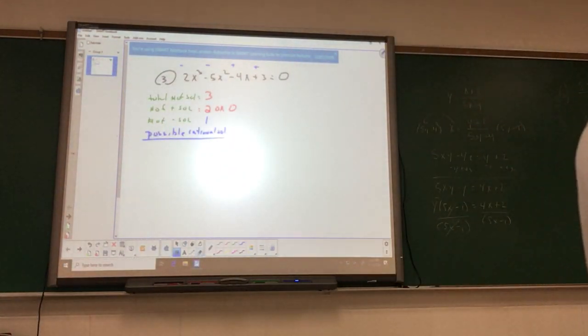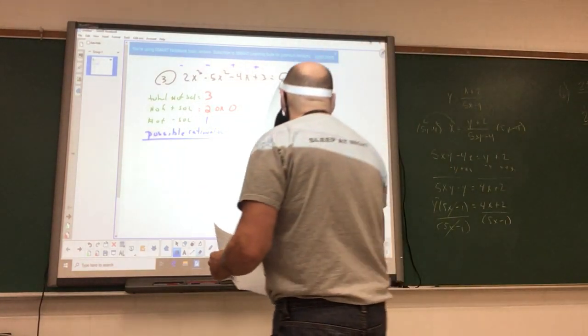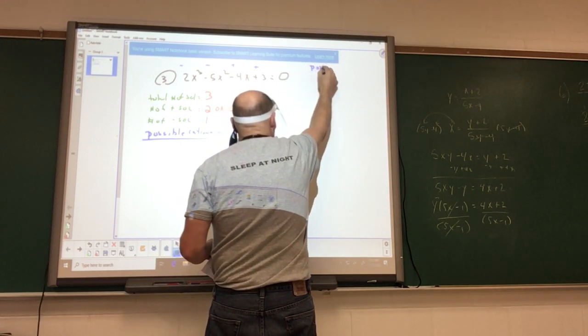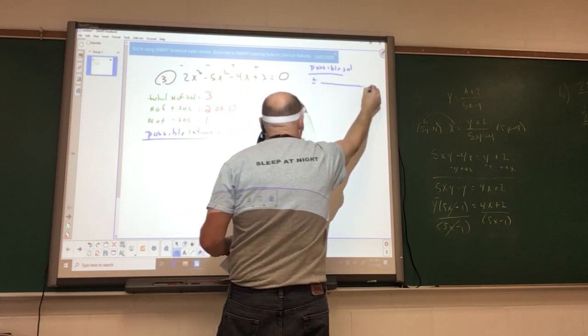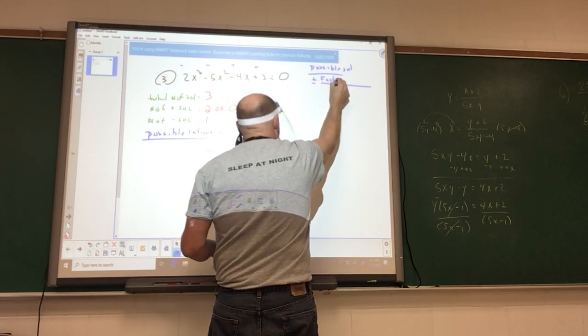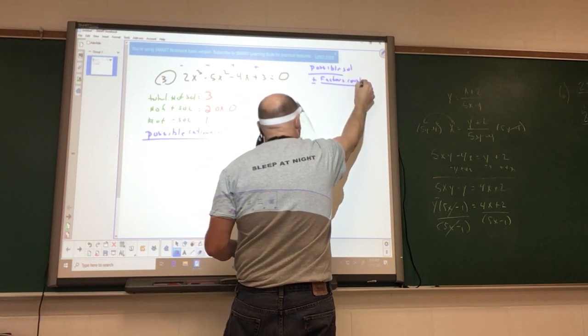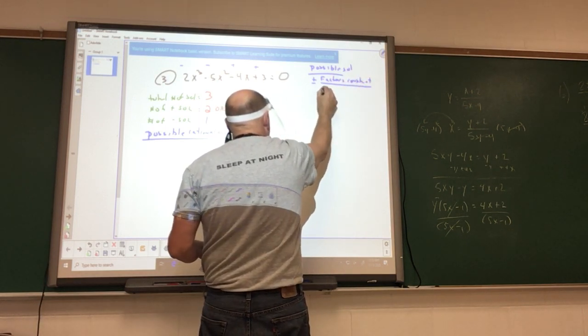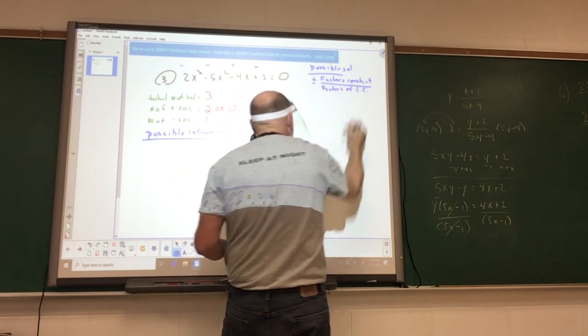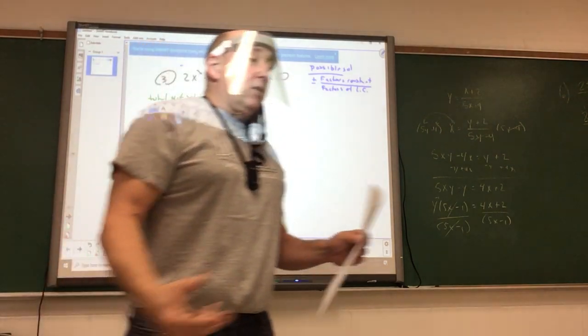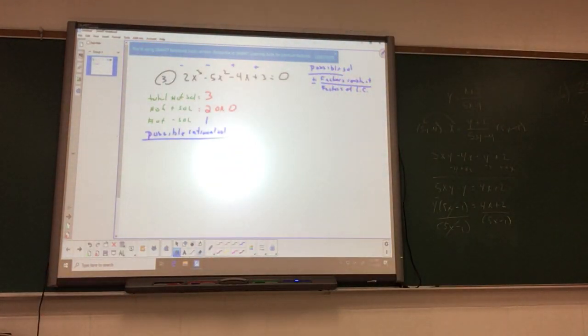And how we find that is plus minus the factors of the constant over plus minus the factors of the leading coefficient.